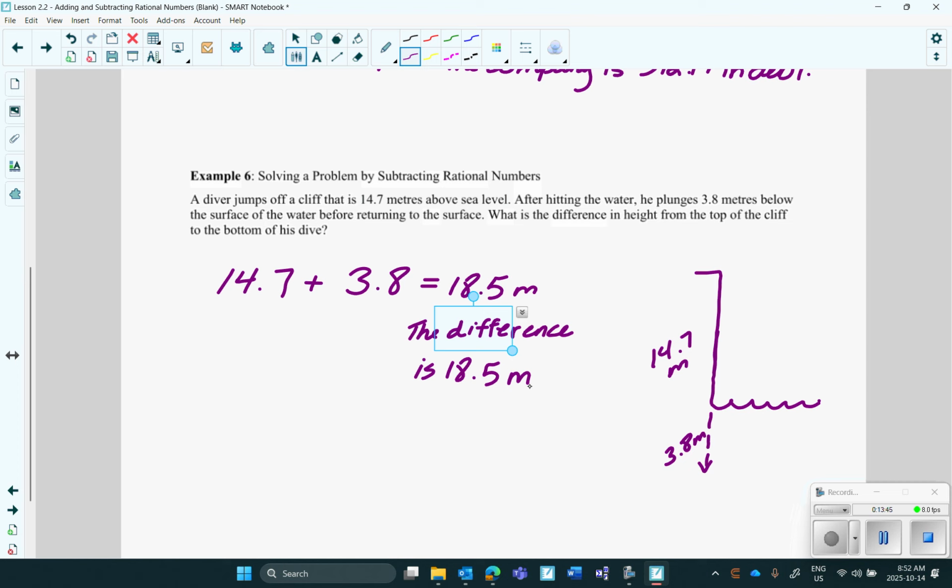So what you could have done is, okay, he starts at 14.7 minus, but then he goes negative 3.8 below. So that's another way you could write it. Both of these are correct because this is just a simpler form of this. I would accept either one. And that would be just as correct, because then you would go to this, and then you would go to the answer, and away you go.